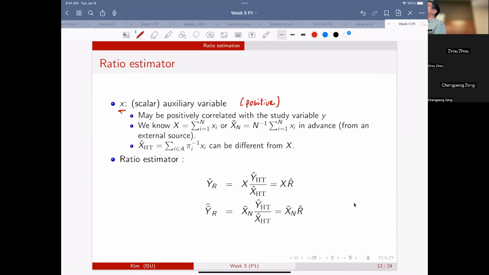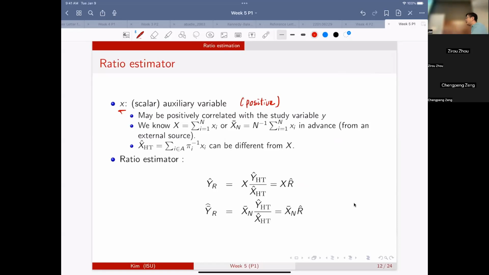Crop acres, income. Some people may have a negative income, but usually it is positive. And then it makes sense to use a positive x too, right? And maybe positively correlated with the study variable.